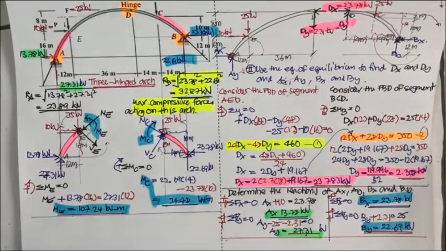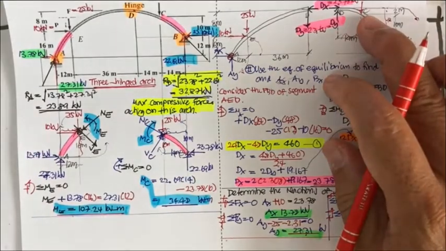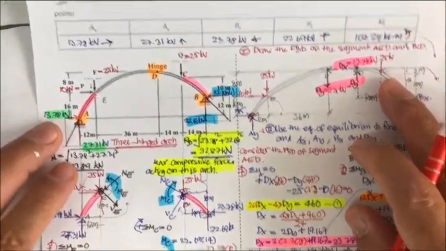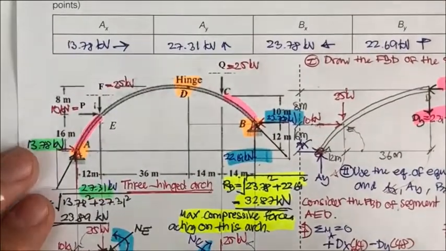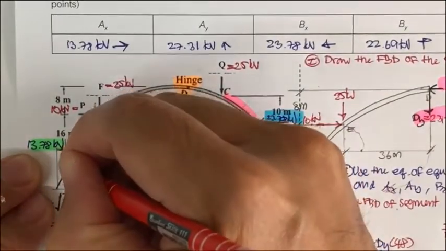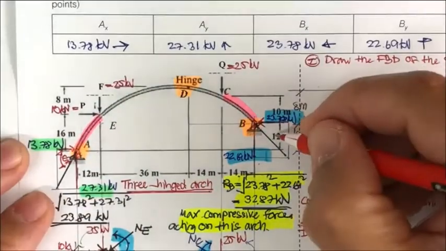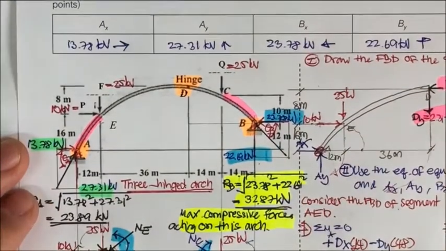Okay, and finally, if you would like to design the foundation, you may be required to determine the angle of the resultant force, theta A here, and also theta B here.